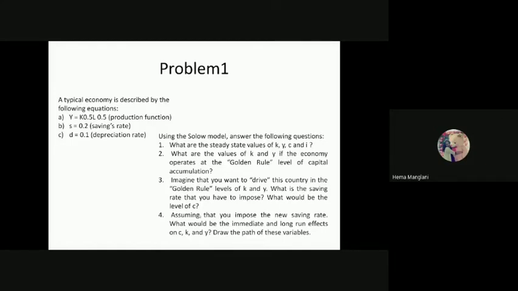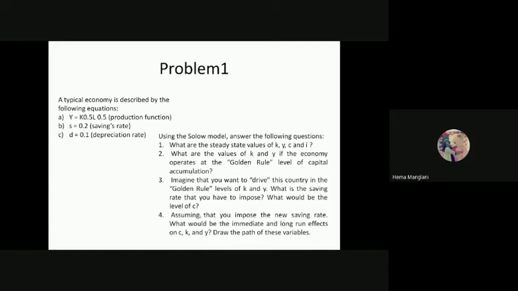Just recall the concept of marginal productivity of capital. Whenever the marginal productivity of capital is equal to the level of depreciation, then you'll get the maximum K star.